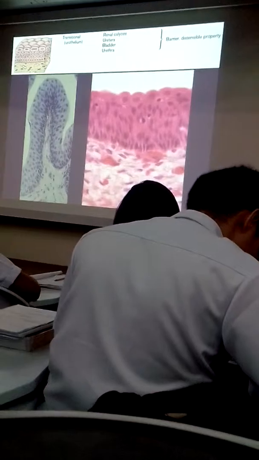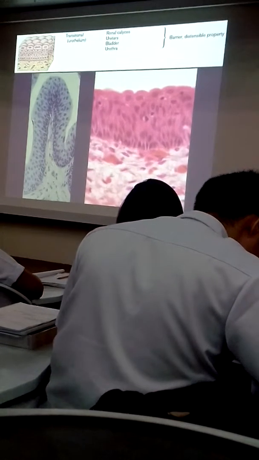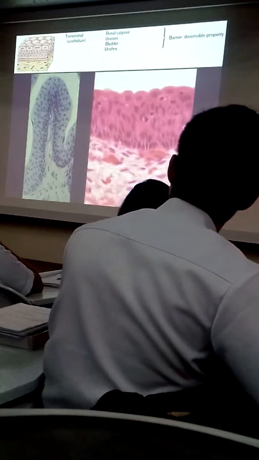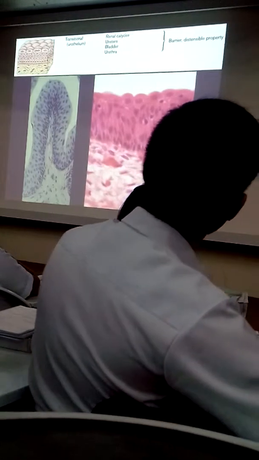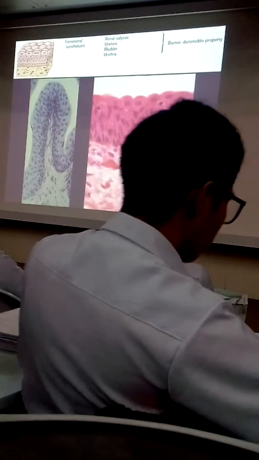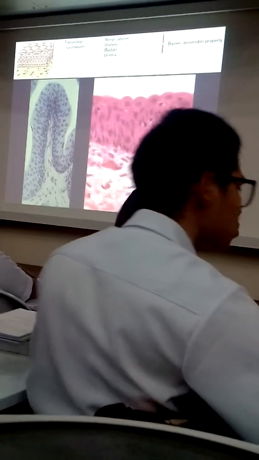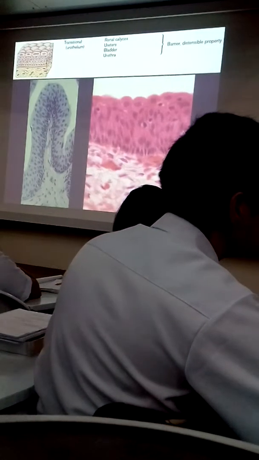So these are transitional epithelium. They are usually flattened when the organ is fully distended, and they may be cuboidal, or a bit columnar, when they are non-distended, depending on the organ.